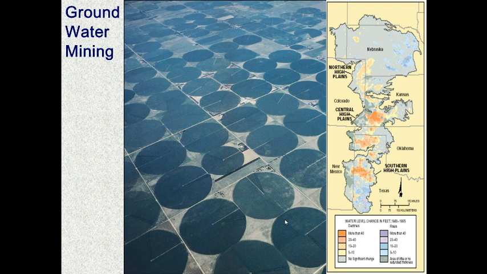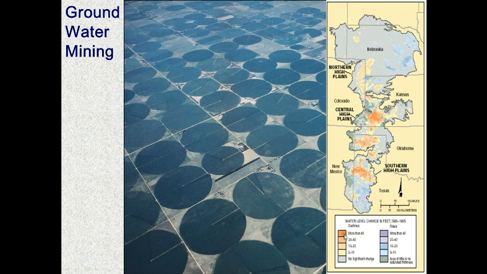Why is it being depleted? Well, we're using it for the purpose of agriculture. Put in a well to irrigate the fields, but it doesn't percolate back down into the groundwater. Instead, it evaporates and goes elsewhere. This is another graph that shows water level change in feet from, I think, 1950 to 1995, best of my ability to read it.